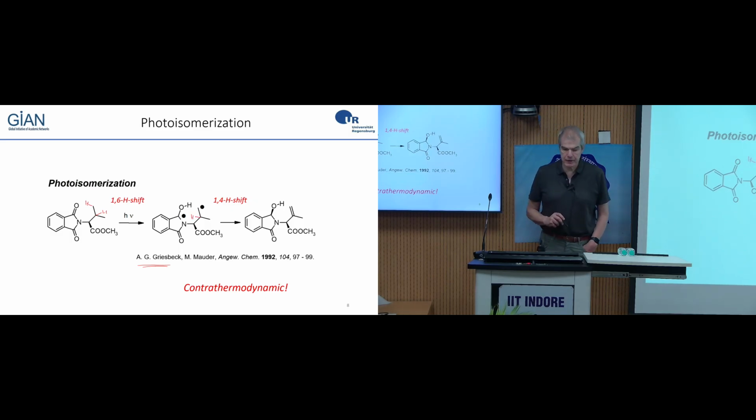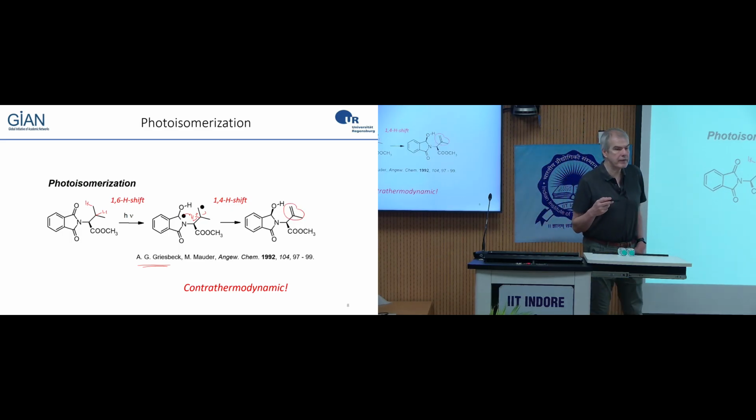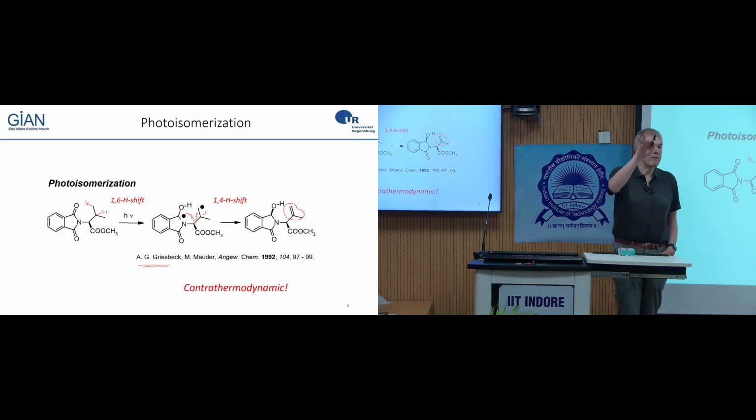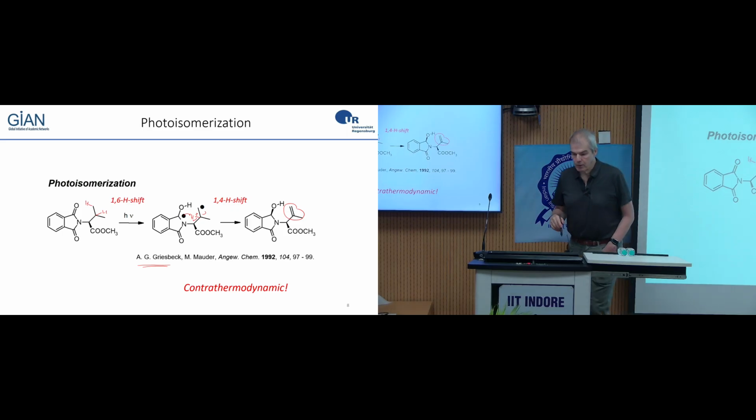So it shifts this hydrogen to this radical center here, and then you can see that this way you're generating a new double bond. So this is something you always have to at least consider. The 1,5 hydrogen shift is the most favorable one because it goes through a 6-membered ring. But if for some reason it cannot do that, you can observe 1,6, you can observe 1,4.